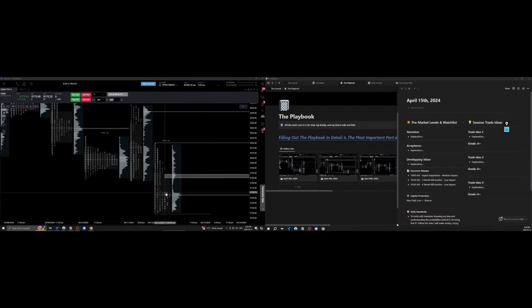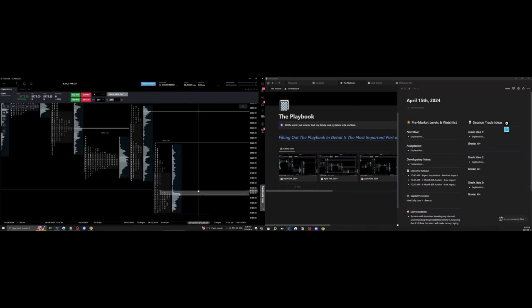But here's why I think this point of control is a lot less likely to get stuck here, and it's a lot more likely to just come here and just zoom up. And I think that because if you look right here, it's a single print, right?